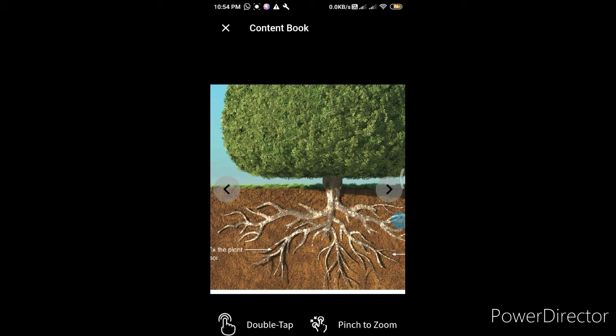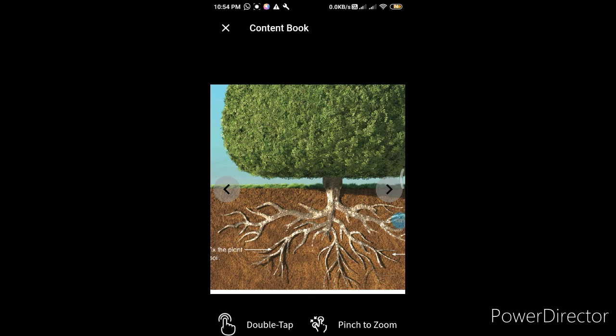And the next one is, how do roots help a plant during a storm? A strong wind is known as a storm. So when a storm occurs, there is a chance for the plants to get uprooted. That means their roots will come up and the trees and plants will fall down.